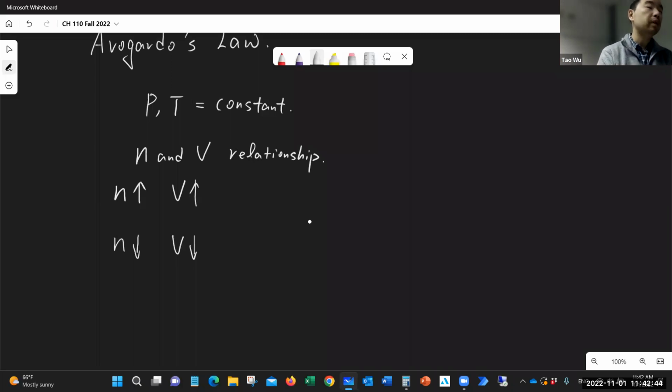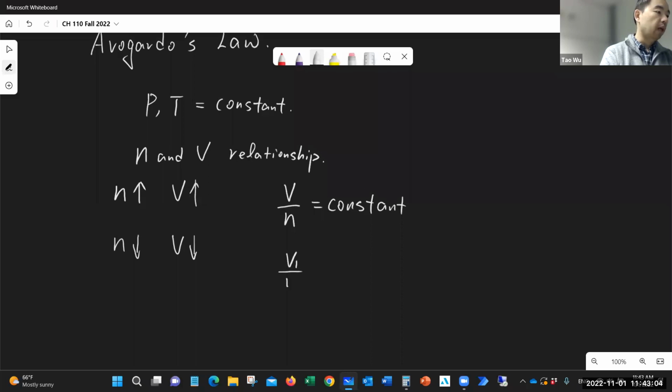When you set up the equation, you can see that the volume over the moles of gas is equal to a constant. Or you can say V1 over N1 equals V2 over N2. This is Avogadro's law.